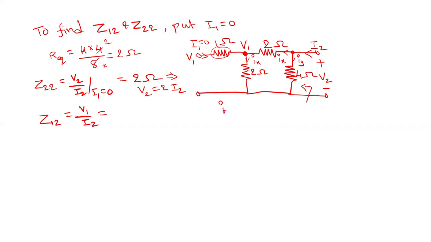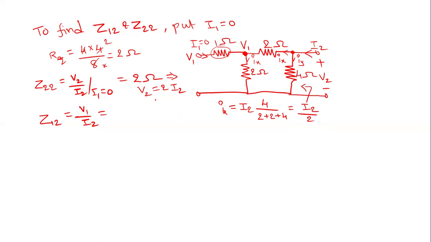Now what is Ix? Apply current division so that Ix can be expressed in terms of I2. Ix is, entering current is I2, opposite resistance is 4 ohms, divided by 2 plus 2 plus 4. So that is I2 by 2.